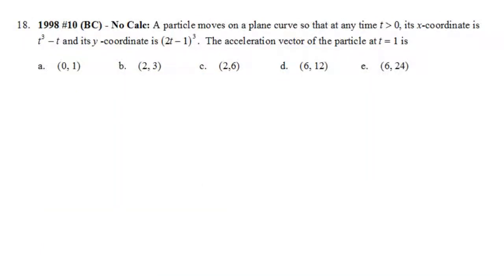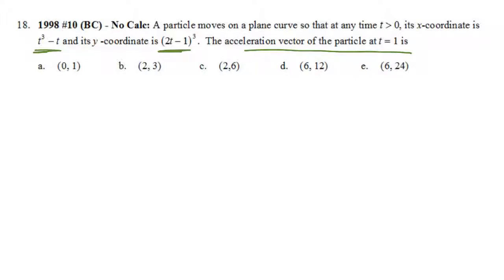And finally, number 18. Here we have a particle. It's moving on a plane. Time is greater than 0. We have our x-coordinate here. The y-coordinate's here. And that's just another way to say something about position. And so it wants to know what is the acceleration vector of the particle at t equals 1.